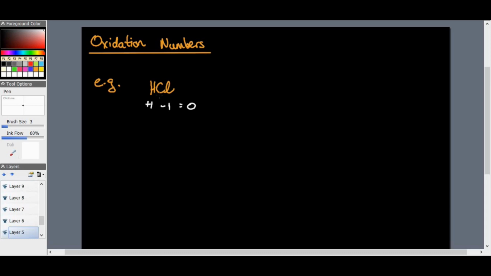Okay. Now, there are rules when it comes to oxidation numbers, and I'll do another example as well to further show this method. The first rule is that oxidation numbers, which I'm going to abbreviate to ON, of any uncombined element is 0.